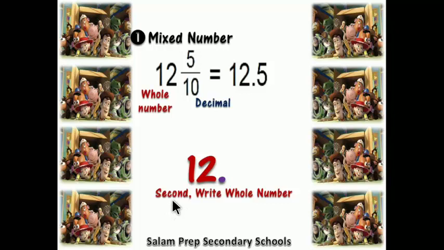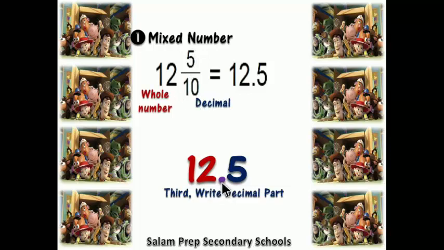The second step after writing the decimal point: please write the whole number before the decimal point. In our problem, the whole number is 12, so we will write 12 before the decimal point. Third, write the decimal part. The decimal part in our mixed number is 5/10, okay?